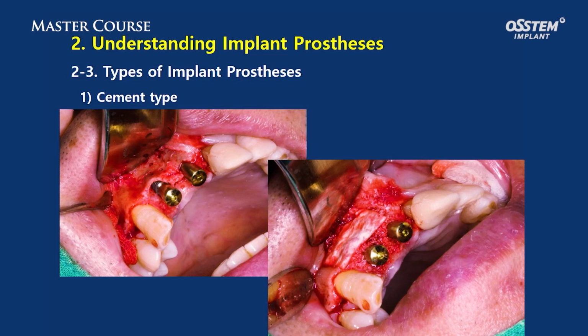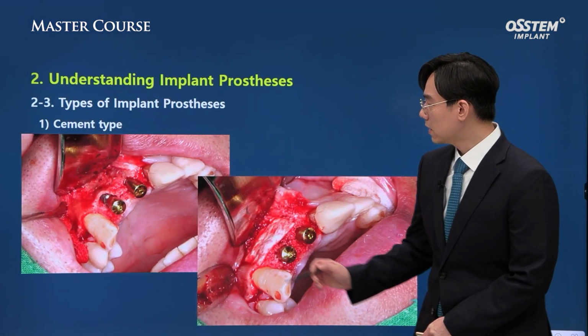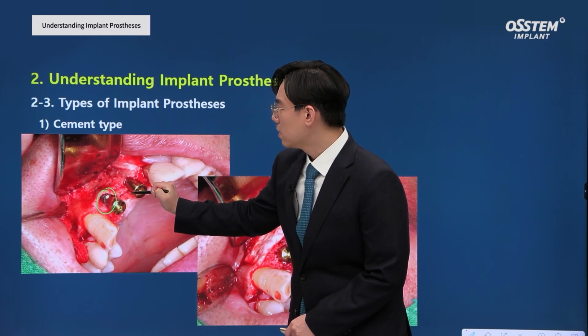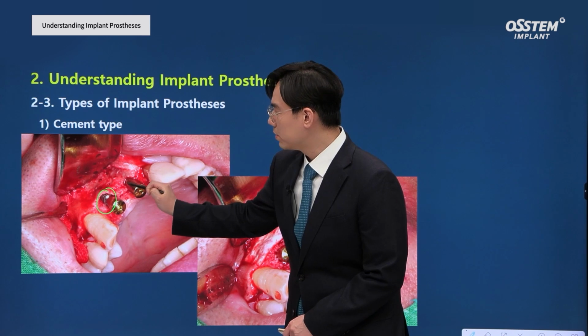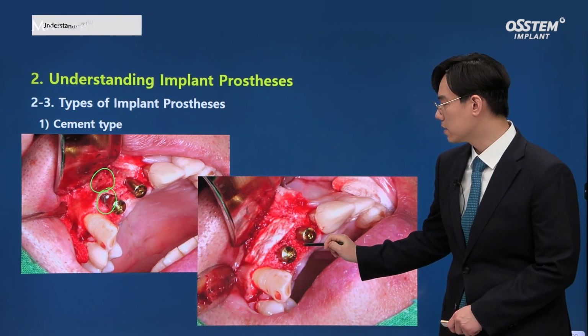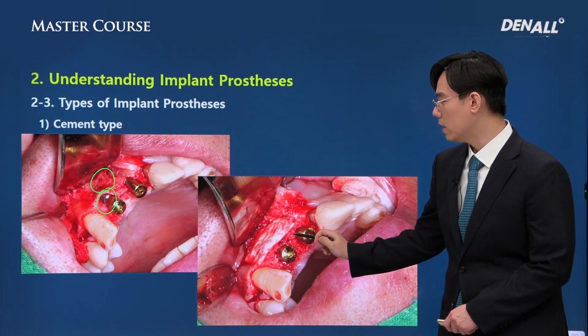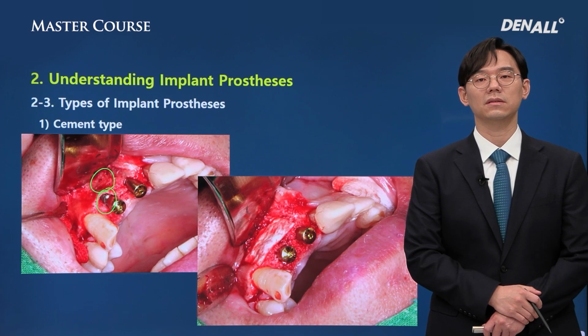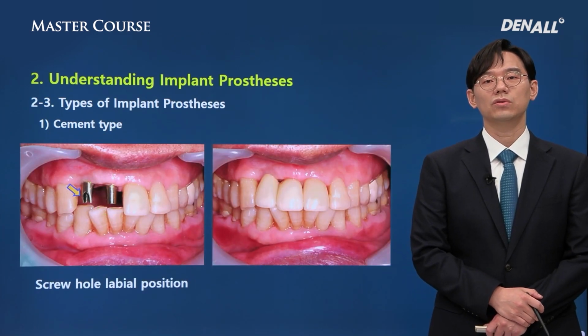In the case of number 11, it's been quite a while since extraction was performed, and for number 12, immediate implant placement was performed. Because immediate implant placement was performed, the gap can be observed. For contour augmentation, decortication was performed, a xenograft was used, and resorbable membrane was used on top to complete the case.